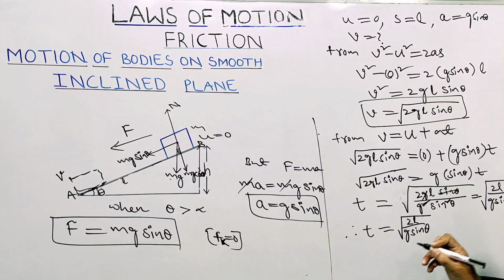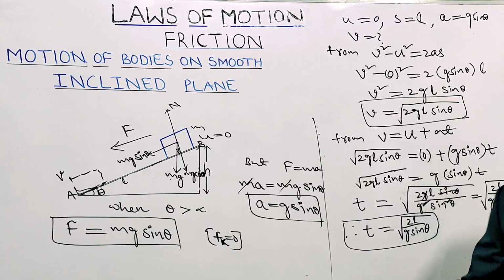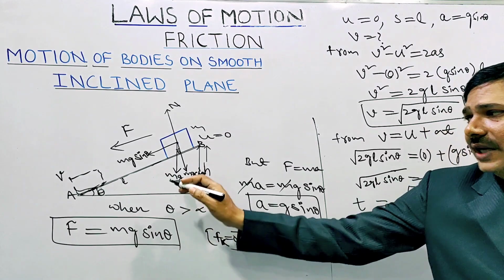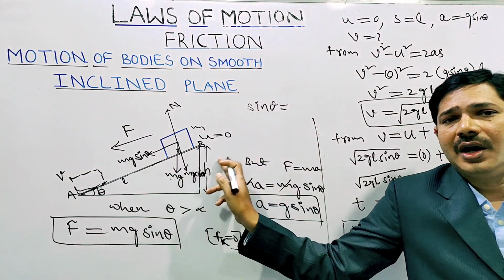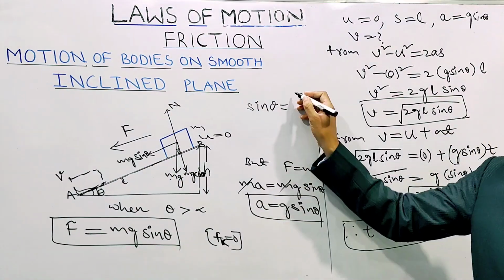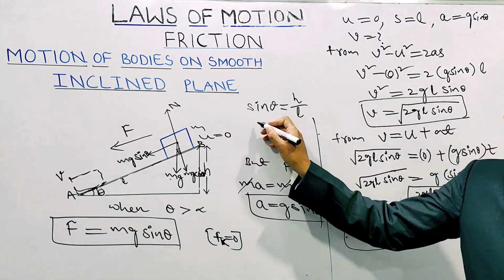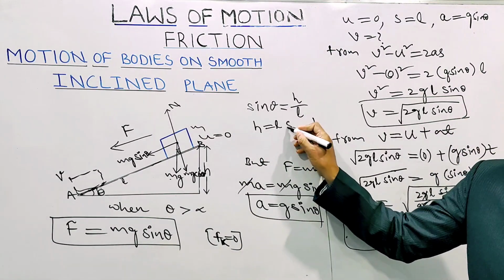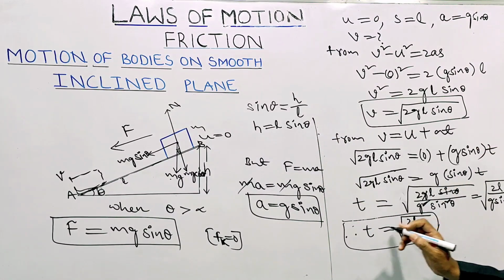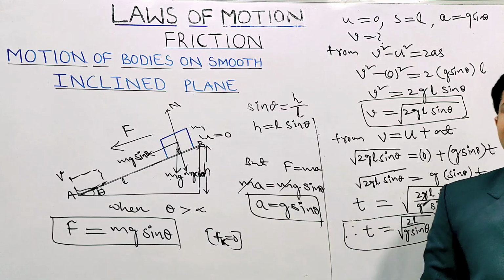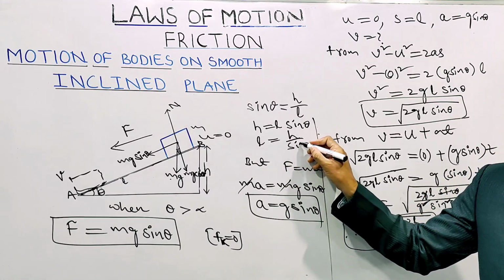Another form can also be written for this time. From the figure you can observe sin theta equal to opposite by hypotenuse. Opposite is h, hypotenuse is L, so h equal to L sin theta. So instead of L we can write h by sin theta.